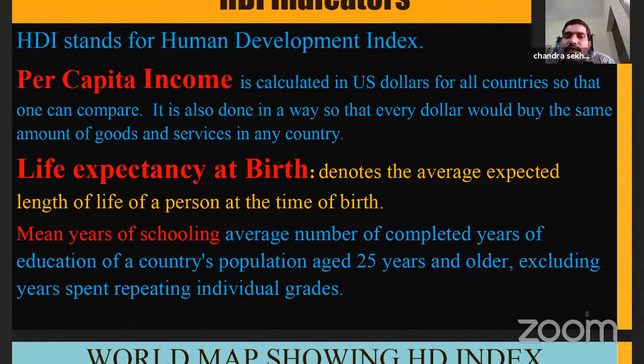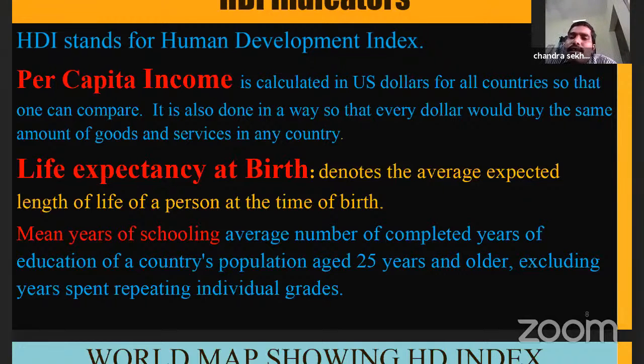So next one is life expectancy at birth. It denotes the average expected length of life of a person at the time of birth. So here, so many children are dying before completion of 1 year from their birth.